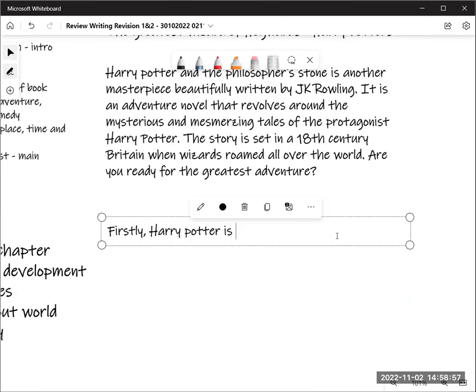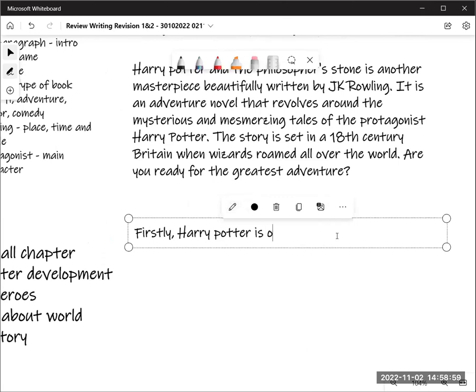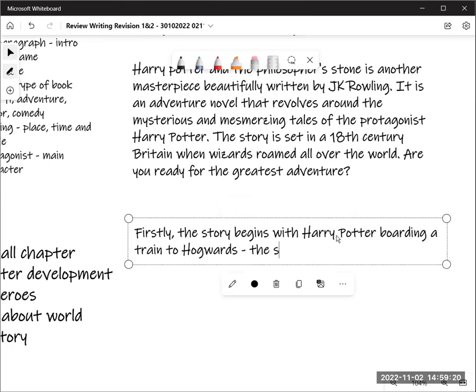Let's say firstly, the story begins with Harry Potter boarding a train to Hogwarts, the school for wizards. Okay, that's basically what's happening.